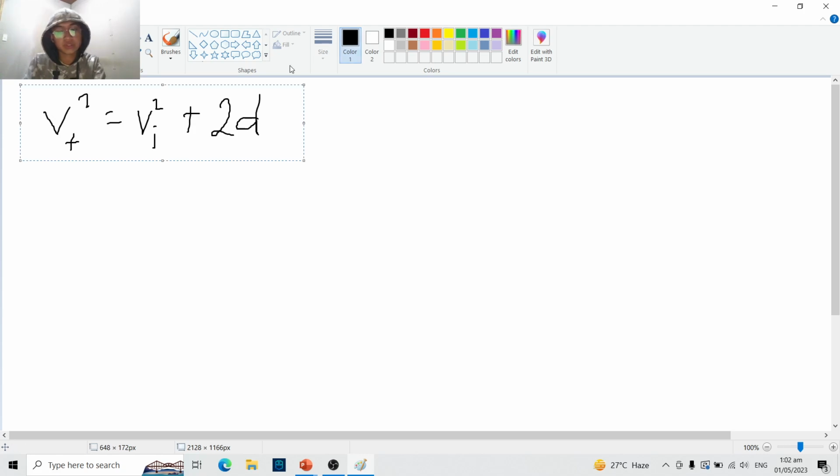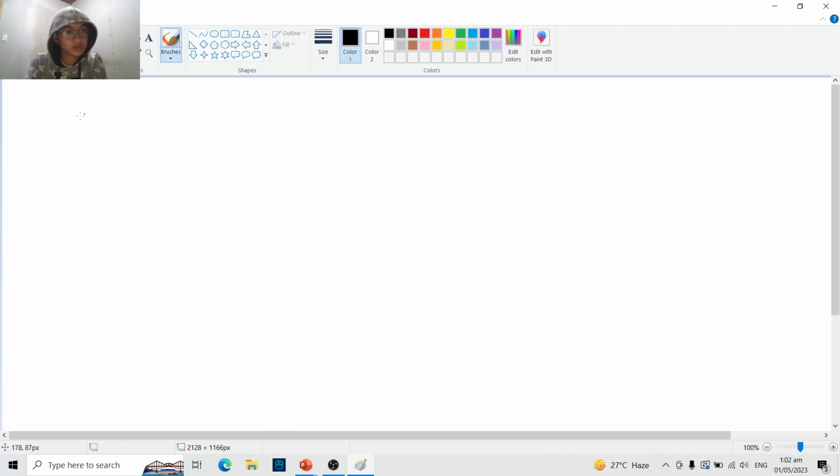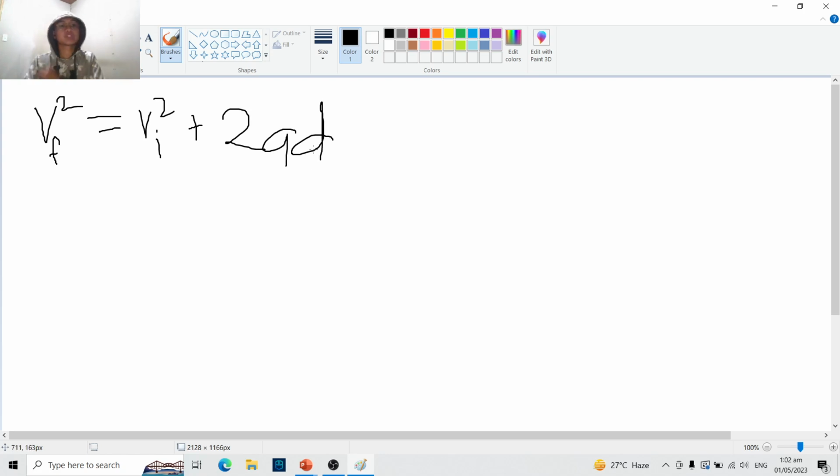Sorry, I already wrote it. Vf squared is equals to Vi squared plus 2ad. This is the equation F, but I forgot my notes on where it was derived.